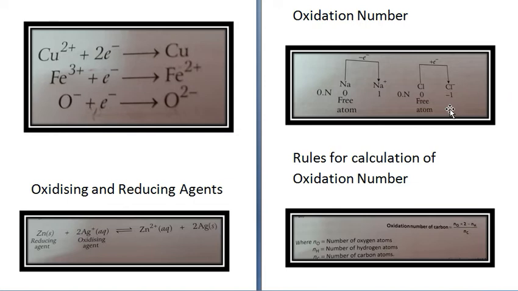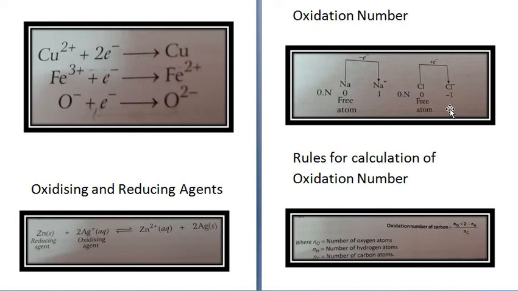Sixth point is the oxidation number of an ion is equal to the electrical charge which it has, like Na+ has +1, Fe2+ has +2. This I have already explained. Seventh point is the algebraic sum of oxidation numbers of all atoms in a neutral molecule must be 0. For example, NaCl is a neutral molecule.